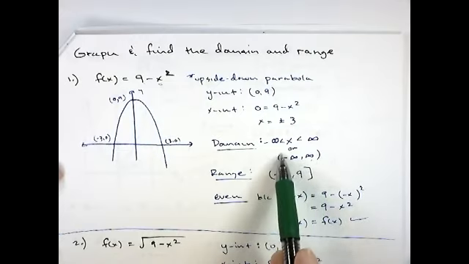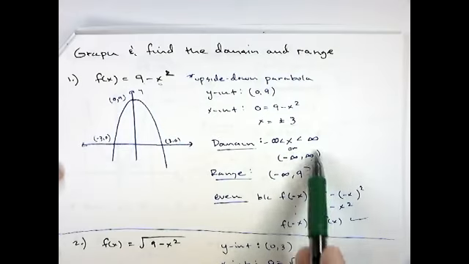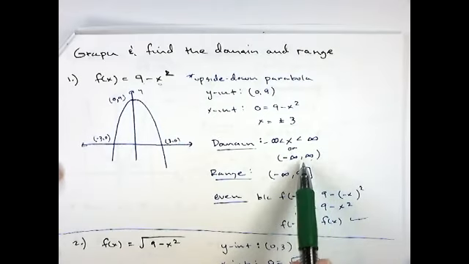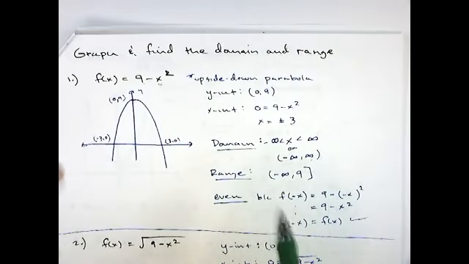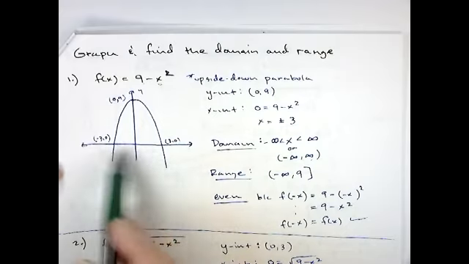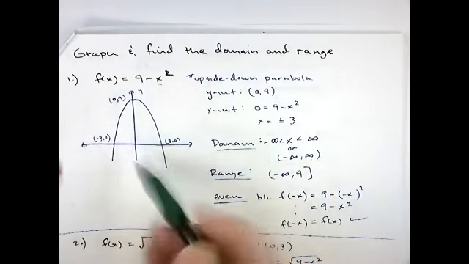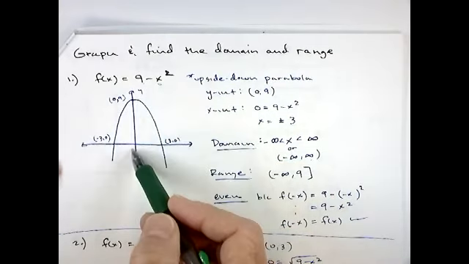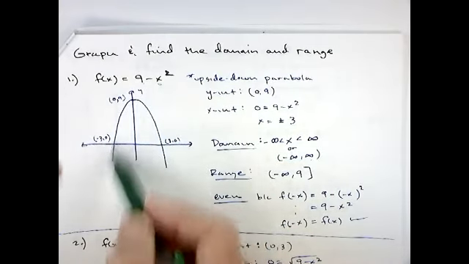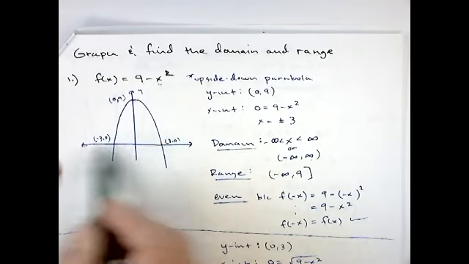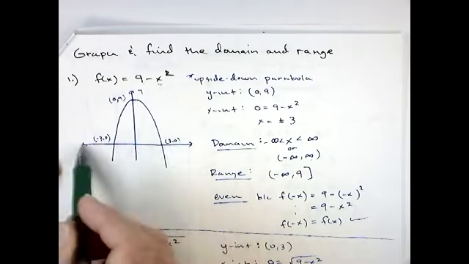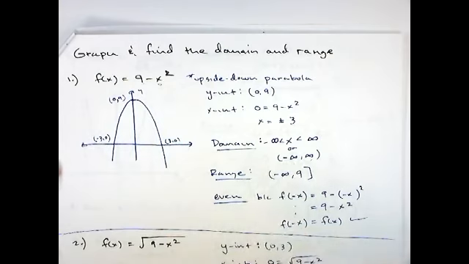You would want to use parentheses here because you can't include infinity. Infinity doesn't have an endpoint there. The other way to view the domain, I told you before, was to smash it into the x-axis. And if you can imagine smashing not only this part, but the part underneath here, you hopefully could see that you would get stuff everywhere on the x-axis. So that's another way to view the domain.